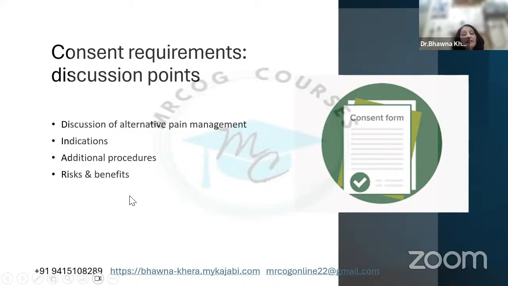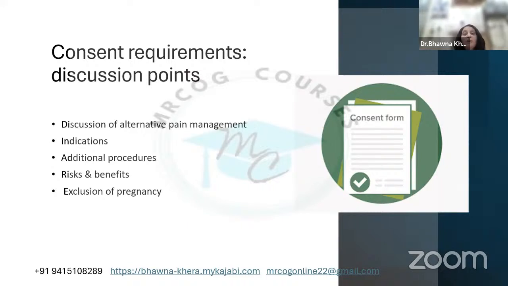And what are the risks and benefits of this procedure? This is another important thing which we need to talk about in detail. And the exclusion of pregnancy. This is a very, very, very important safety point. So: discussion of the alternative pain management, indications, additional procedures, risks and benefits, and exclusion of pregnancy.